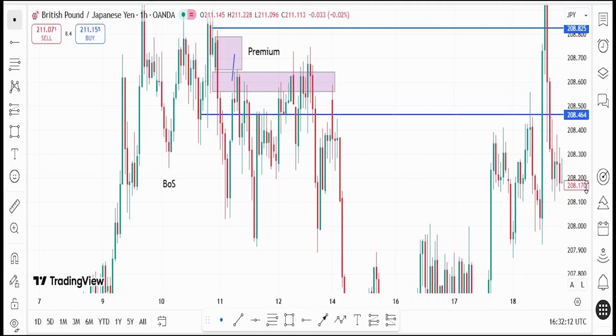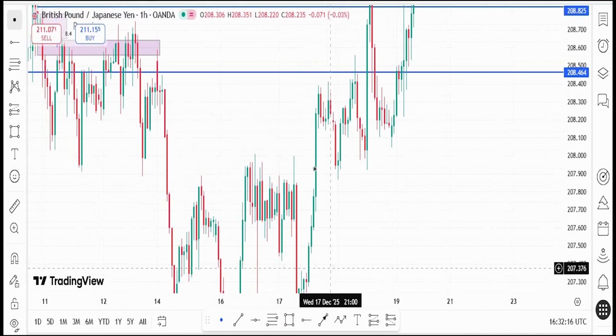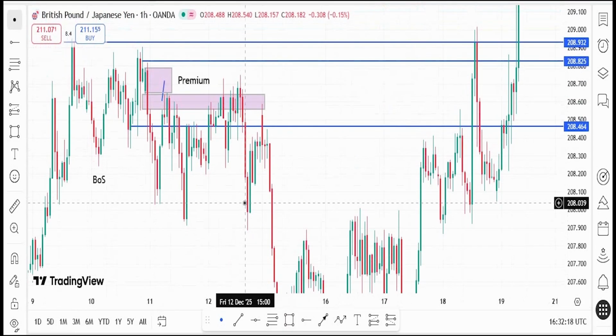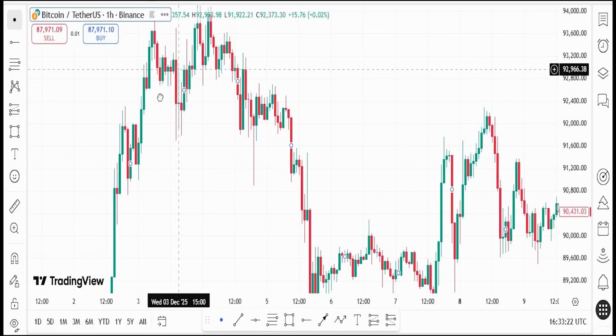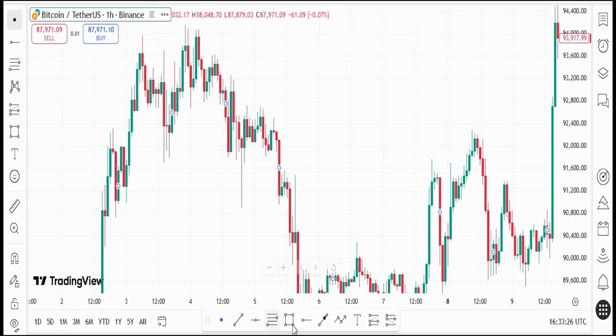I could further show you examples of the sniper entries using fair value gaps in the downtrend. So guys, we are having another example of the downtrend, as again it was a downtrend for a very short period of time.